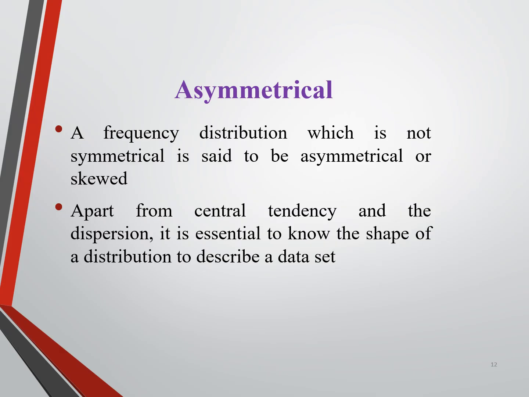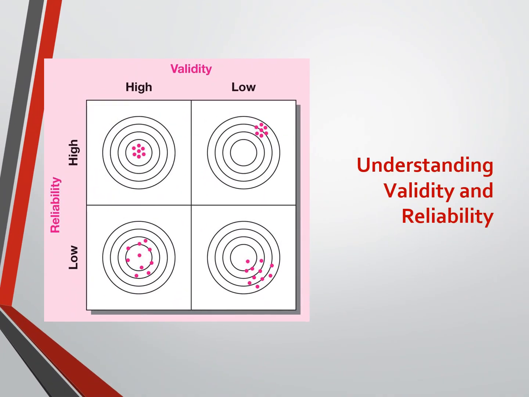When we look towards the asymmetrical data, the very important thing with our sample data is whether the samples are valid and reliable or not. So here we can say that at the first reference side, where my cursor is, the reliability is high and the validity is high.